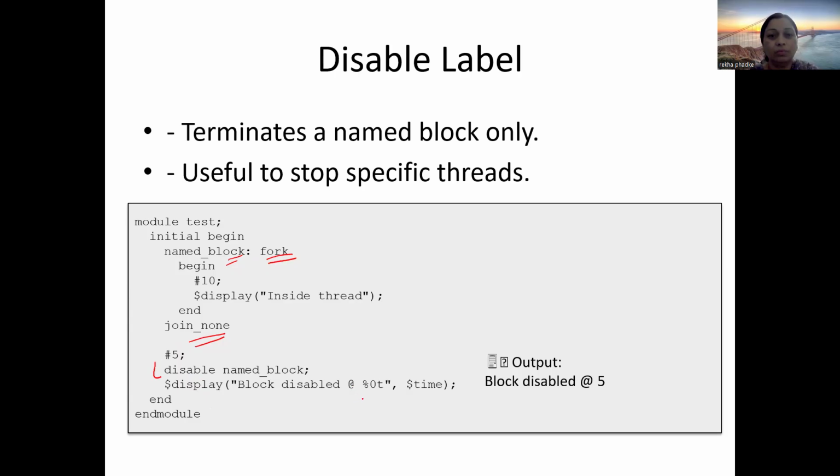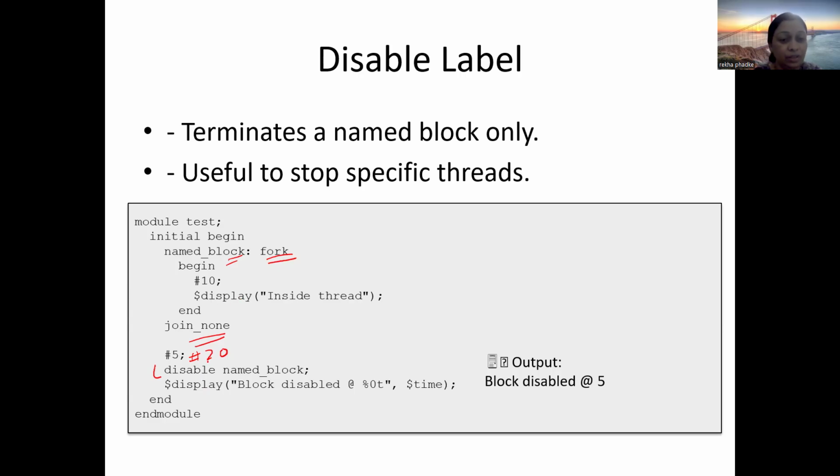It comes out of the entire code, because we have disabled the block. Okay. Suppose we had disabled it at #20. At #20, what would have happened? Then this was waiting, right? So by then it will go to this block and at #10, this will get displayed. Okay.